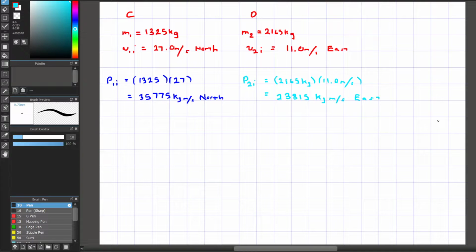Looking at this, solving for the momentum separately, you have the momentum of car C going north and the momentum of car D going east. We can't just add them as they are not opposite of each other, or in the same direction either. The directions of these two are actually perpendicular.